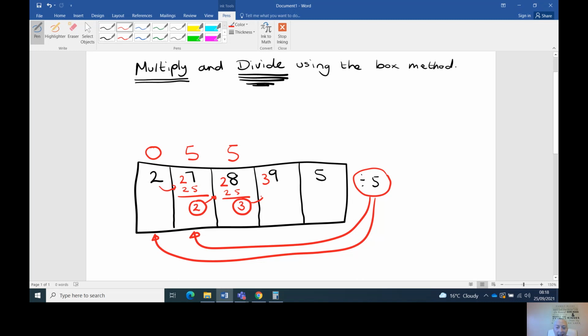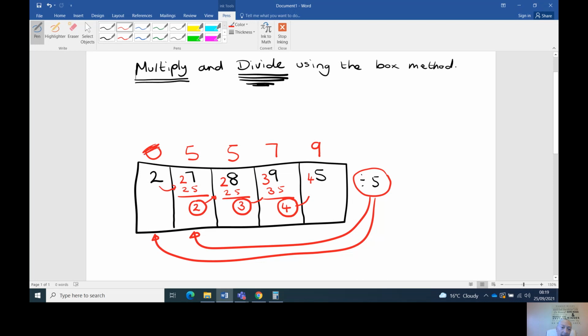Oh, getting bigger. Right, okay. 5, 10, 15, 20, 25, 30, 35, 40. I can't go to 40. So that's 7. And that makes 7 times 5 is 35. 9 take away 5 leaves me 4. 3 take away 3 is 0, so that's fine. 4, and the 4 will go there. 5 into 45 goes 5, 10, 15, 20, 25, 30, 35, 40, 45. 9.